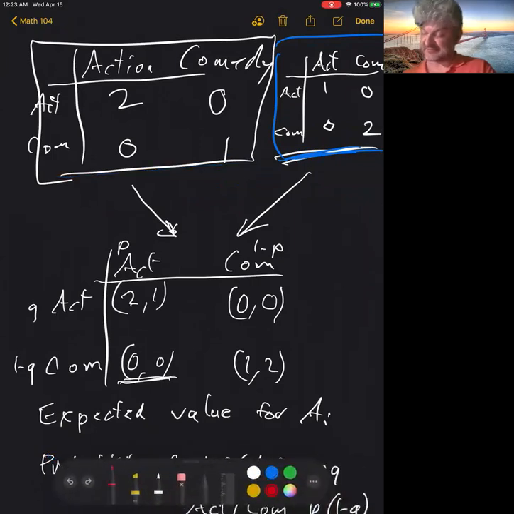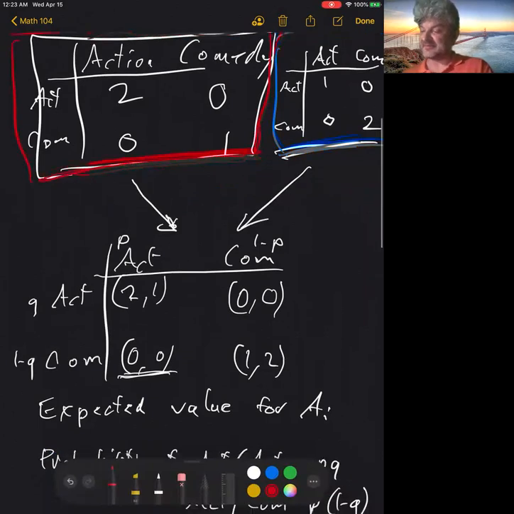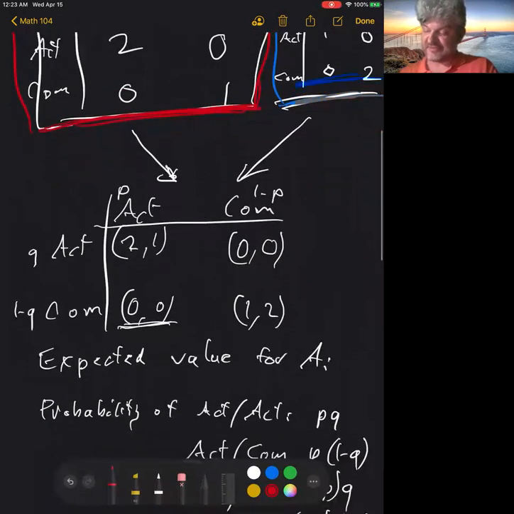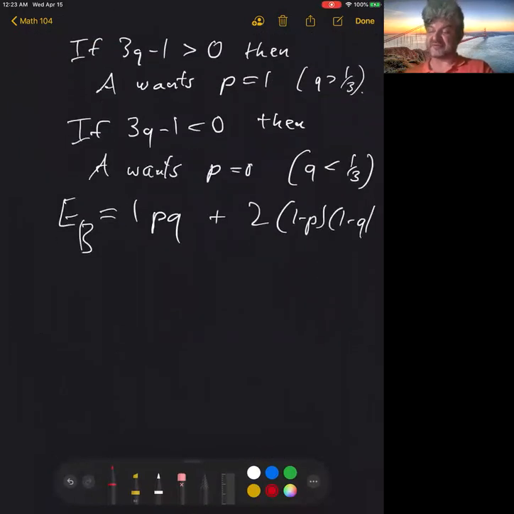So we're looking at the table for B and using those numbers to calculate the expected value for B with the same probabilities.